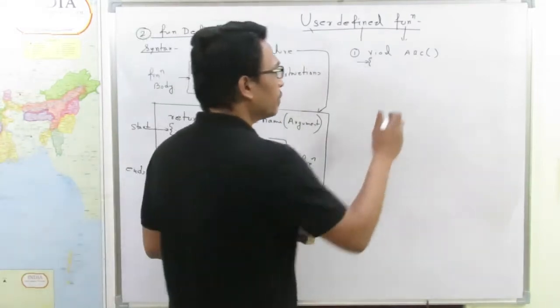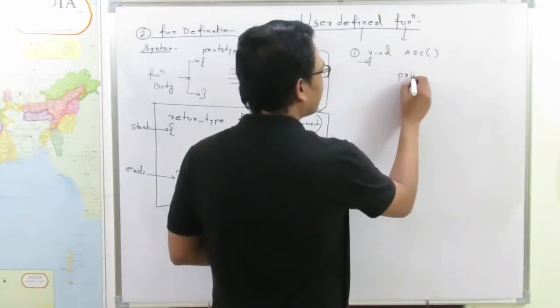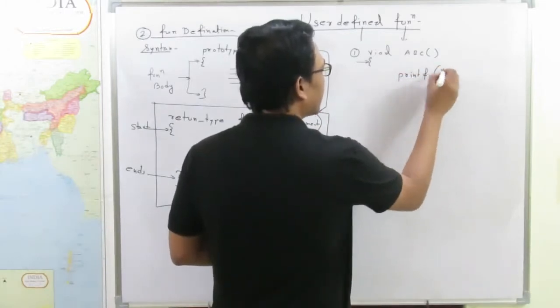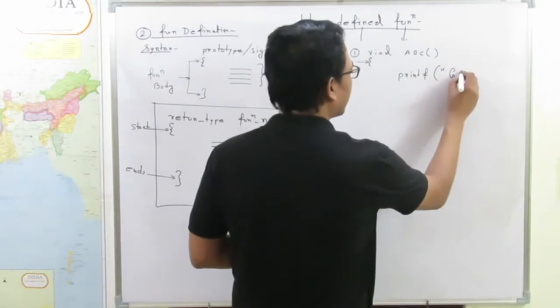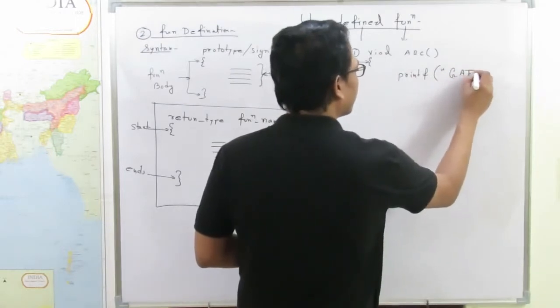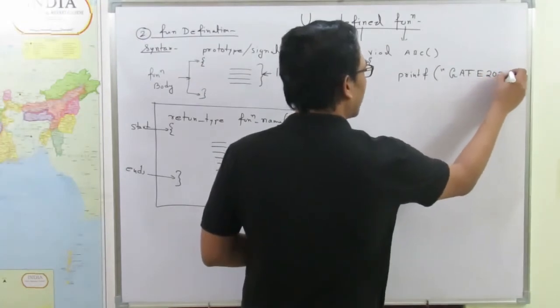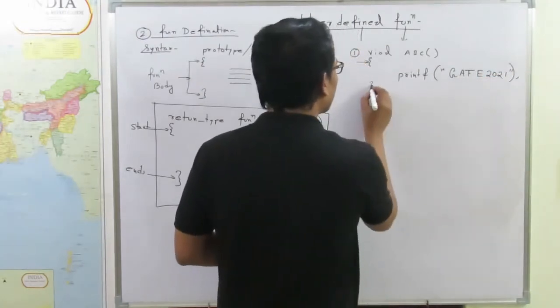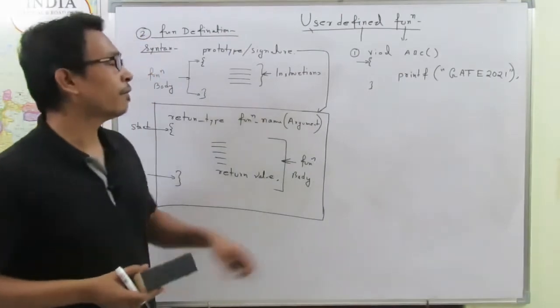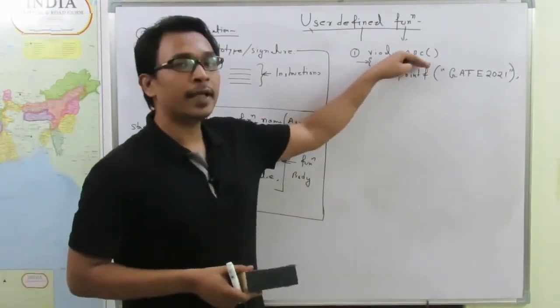So we are going to use the printf function. Printf, let's say get 2021. So this is the function body for the function abc.